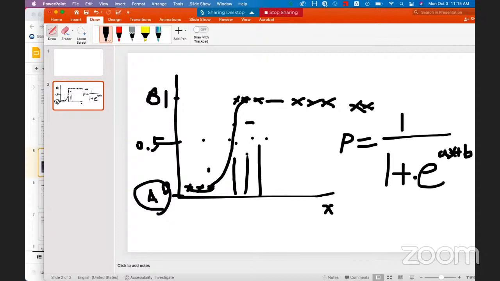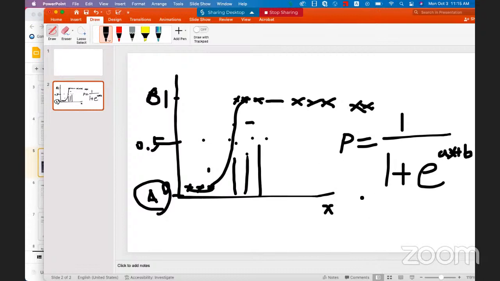So how do we get this equation? It's a little bit messy. You don't have to remember all this, but how do we get this? The way we calculate it is by the odds. We know the concept of odds.